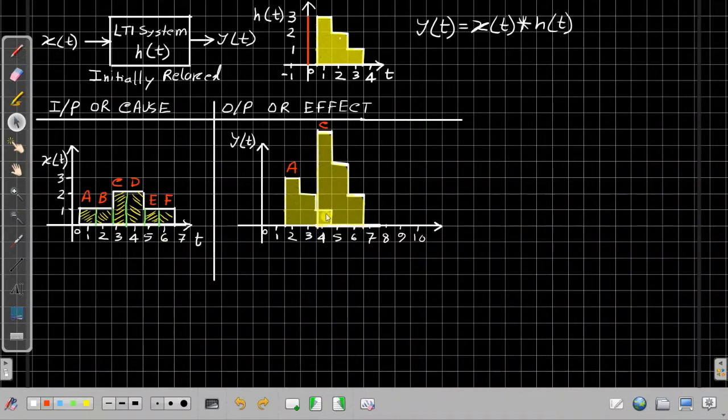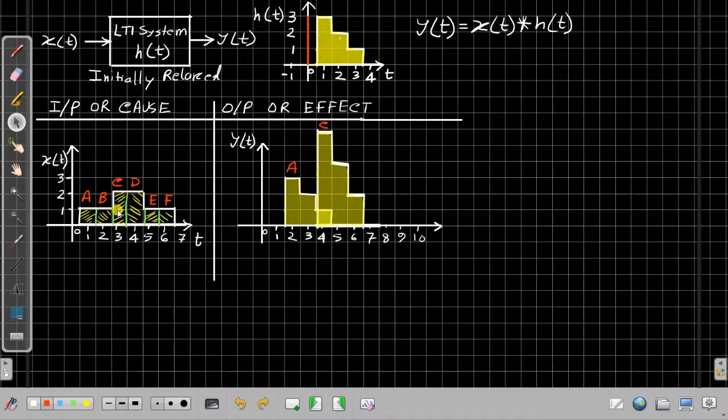So this point of time will be affected by both slice A and slice C of the input.